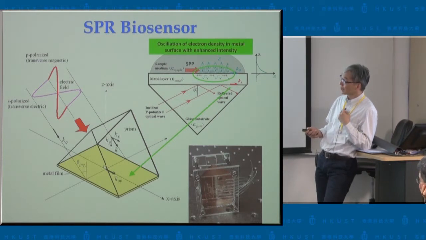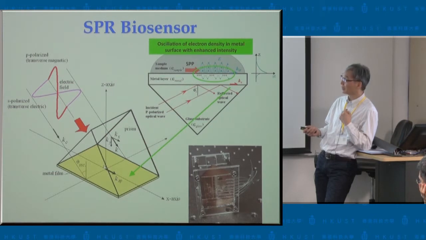Basically what you do is you have a thin film of gold coated on a glass prism, and then you illuminate the prism from the opposite side, and then total internal reflection will send the optical beam parallel to the gold surface, and then that parallel beam will excite movement of electrons, so that it then later becomes a surface plasmon polariton.